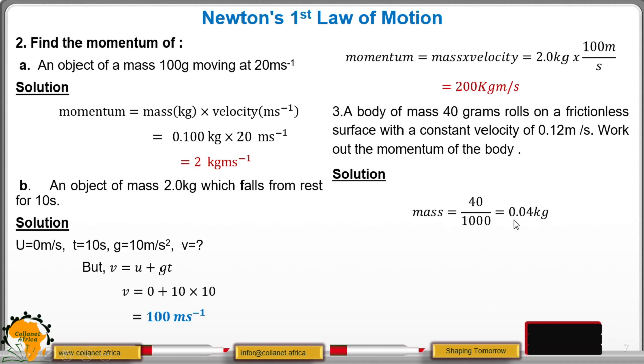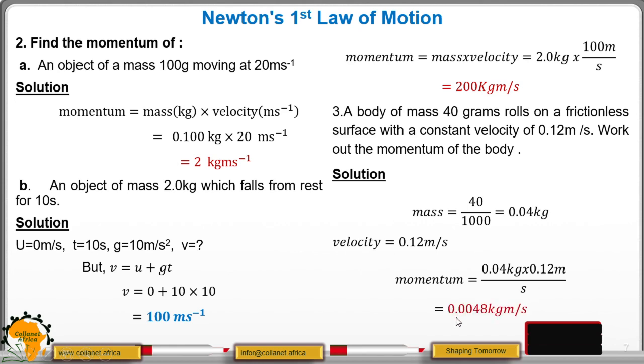By dividing by 1,000, you get 0.04 kilogram. Then the velocity is 0.12 meters per second. So our momentum will be 0.04 multiplied by 0.12. And when you multiply, you get that the momentum is 0.00448 kilogram meter per second.